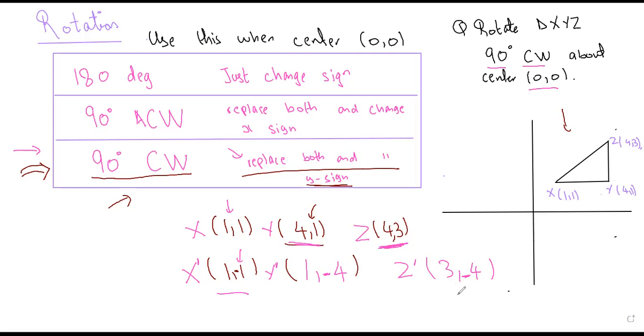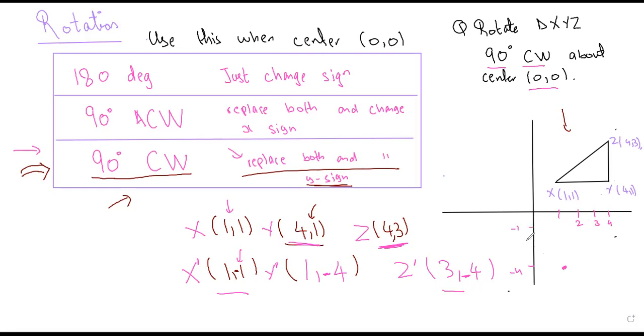So this is how we find the rotated coordinates. Let's just plug in these values. So this is 1, and let's say this is -4. So this point is 1, -4. Then we have 3, -4. So this is 1, 2, 3, 4.